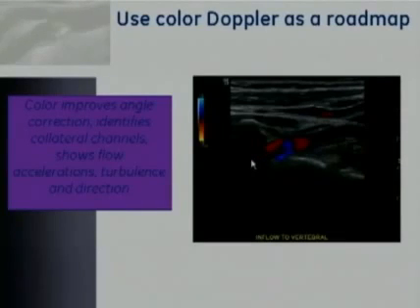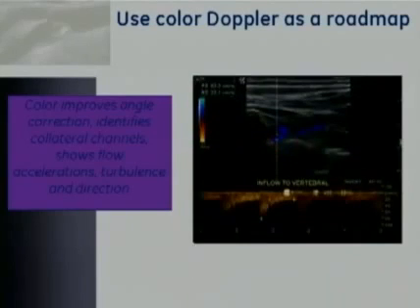Without color Doppler, this could be a very confusing picture because I would get no signal in this area, and then here I would get a mixture of antegrade and retrograde signals. But as you can see with color Doppler, very quickly I can tell the story of what's happening, that this vertebral is occluded proximally and then reconstituted right where it enters the spine.